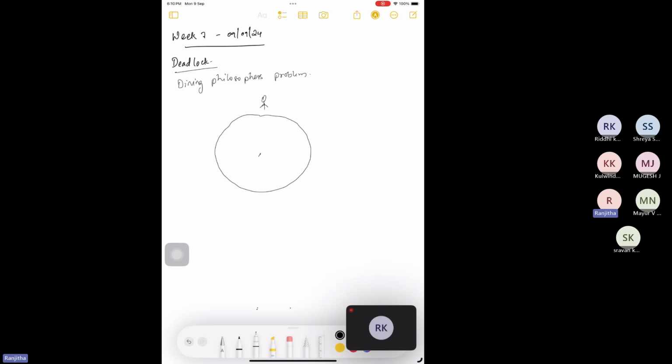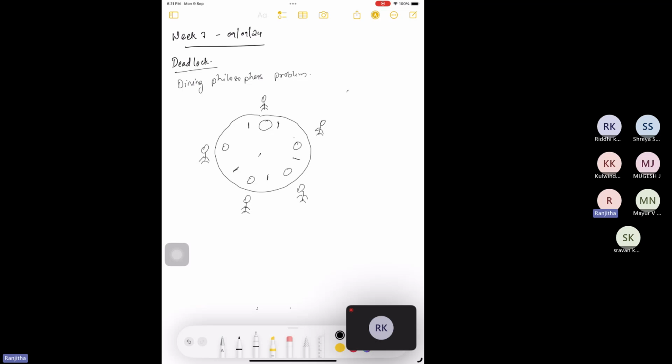Their job is to think for some time, and then when they feel hungry, they will start eating. For all five of them, we will have five plates to eat the food, and all of them will have a fork also. There are five forks available.